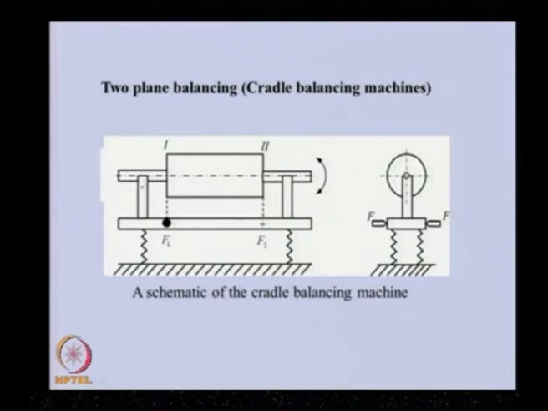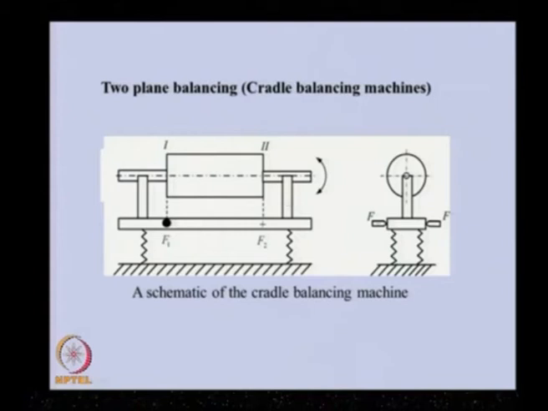This is some kind of bearing support, which is a frictionless support to the rotor, and this whole assembly of the bearing and the base is mounted on some kind of flexible support, and this is the rigid base. This flexible support, if we see from the side, is something like this. It is mounted on basically 4 flexible springs, and this is the rotor and this is the bearing block.